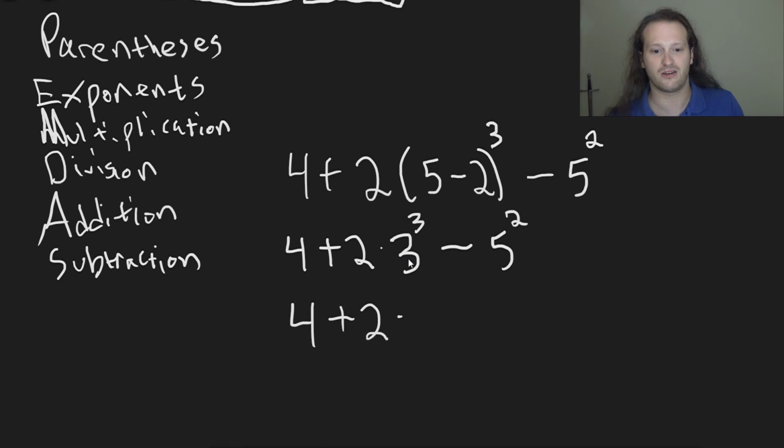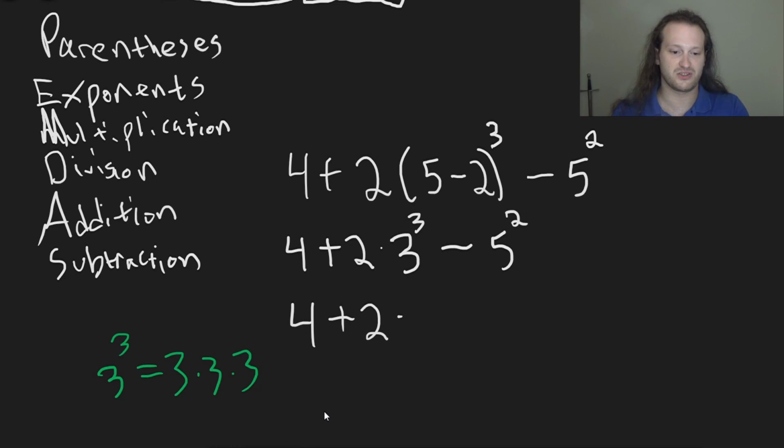Now, if you're not sure what a number is when you're trying to do an operation, there's no shame in whipping out a calculator. 3 to the third power, remember, do a little side note over here. 3 to the third power is the same thing as 3 times 3 times 3. Remember, we're doing the base multiplied by itself this many times. So 3 times 3 times 3, and that is 27. So that's the number that I'm going to replace 3 cubed with.